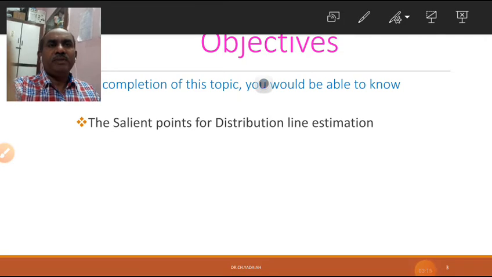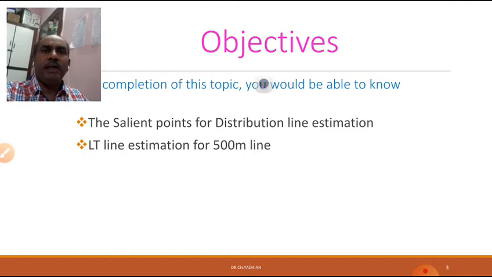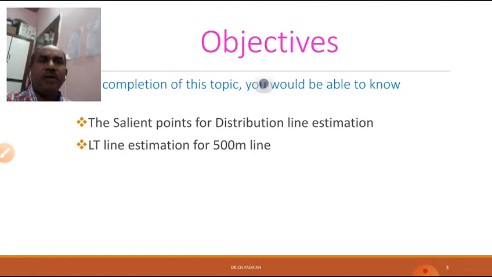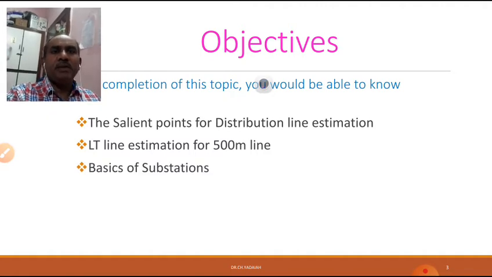On completion of this topic, you would be able to know the salient points for distribution line estimation, LT line estimation for a given 500 meters line, and the basics of substations.